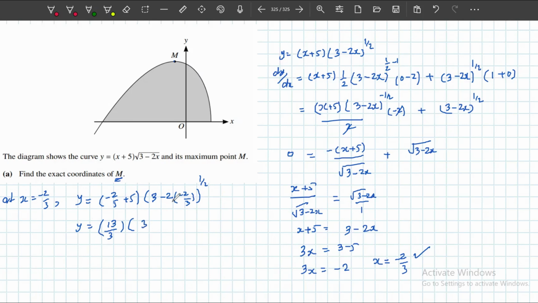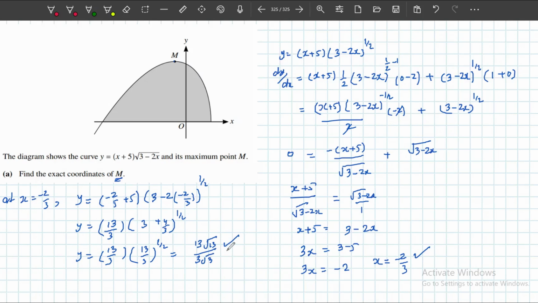This becomes 3 minus minus, plus 4 over 3, whole power 1 by 2, and then y is equal to 13 over 3, and this becomes 3 3s are 9, 9 plus 4, 13, 13 over 3 power 1 by 2, which we can say further, like 13 square root of 13 over 3 square root of 3. You can solve more further, but this can be one answer of y.